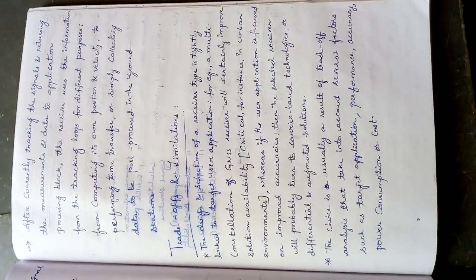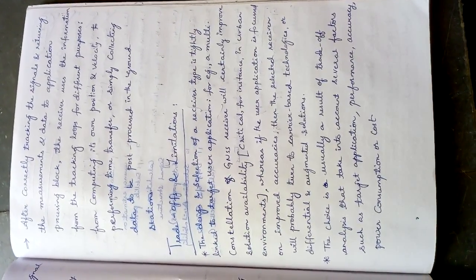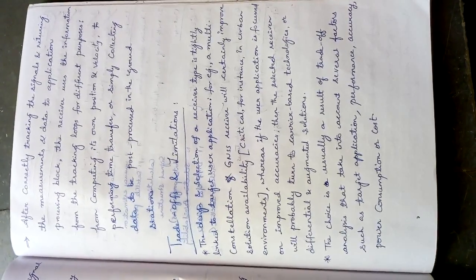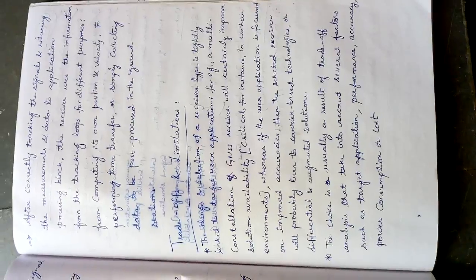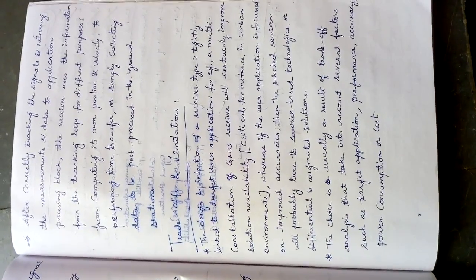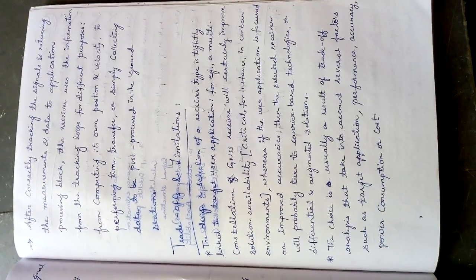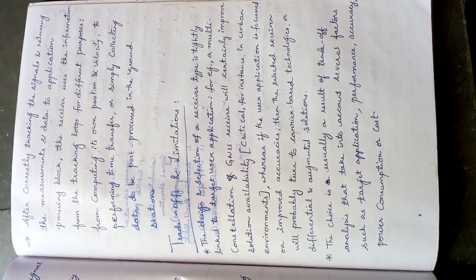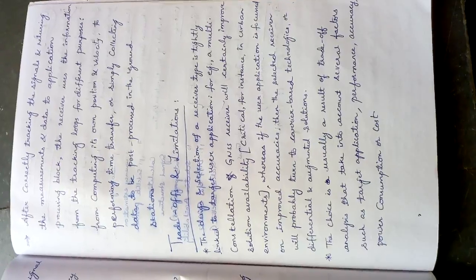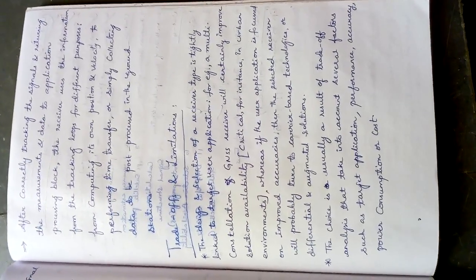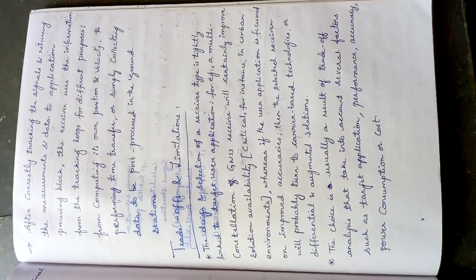Whereas if the user application is focused on improved accuracy, then the selected receiver will probably turn to carrier based technologies or differential and augmented solutions. The choice is usually the result of a trade-off analysis that takes into account several factors such as target application, performance, accuracy, power consumption, or cost.